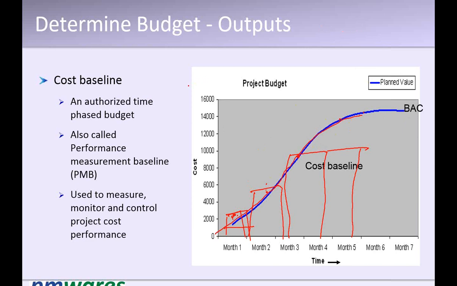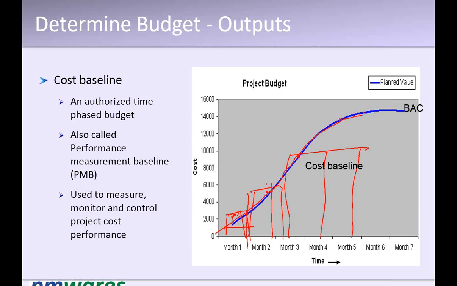So budget at completion is your baseline. Budget at completion is the total money you need to spend on the project. This line is the baseline. What does this line present? By the end of the first month, you will be spending this much. By the end of the second month, this much.